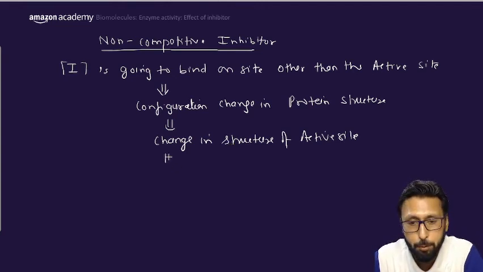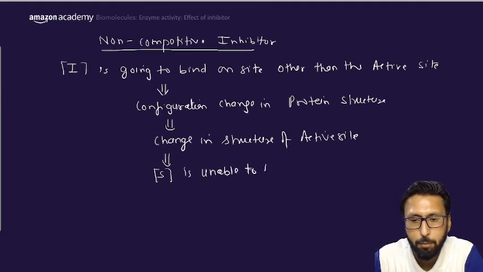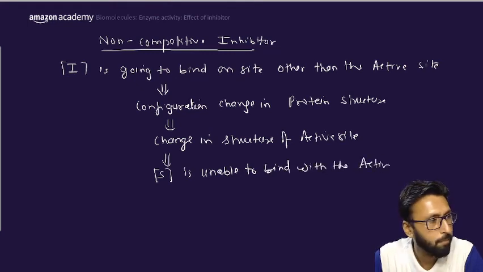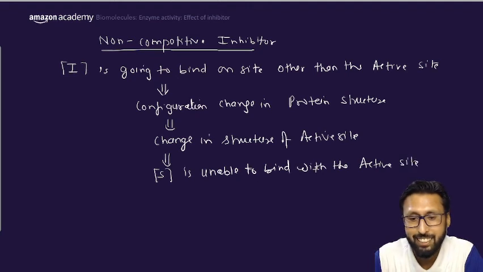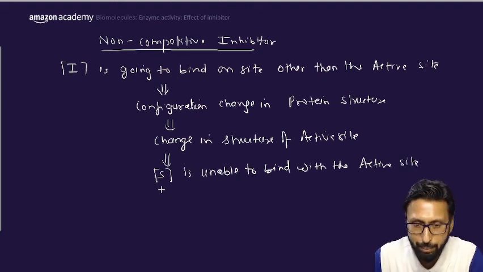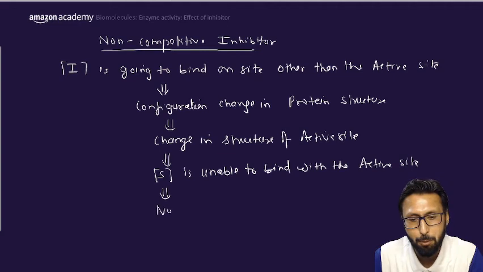So now the substrate is unable to bind with the active site, and since the substrate is not able to bind, there will be no product formed. There will be no product formed.